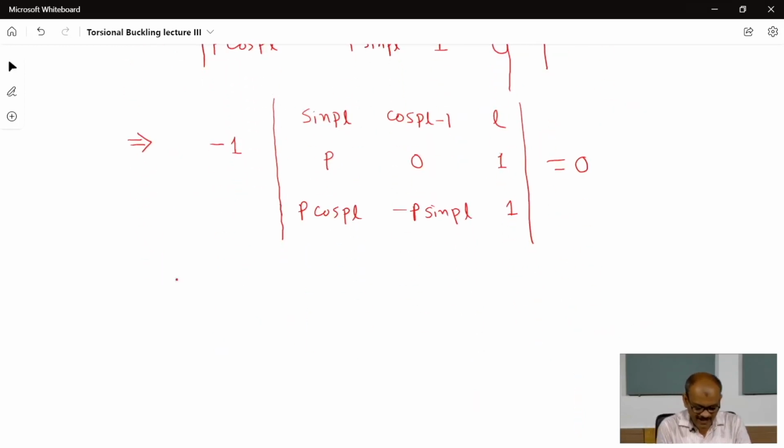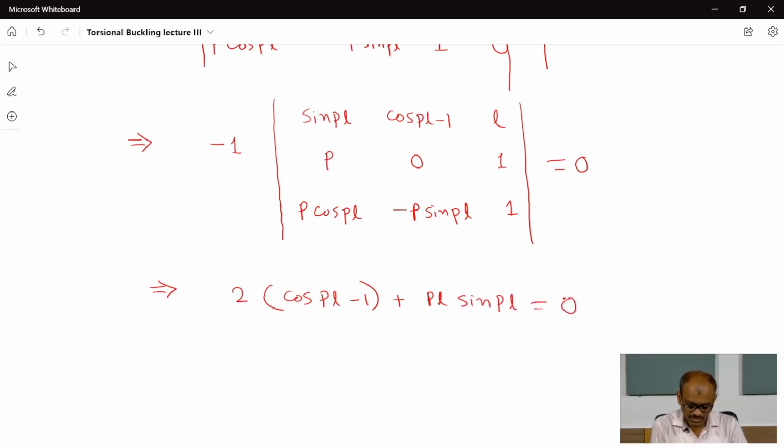If we expand it, it will become 2 cos pL minus 1 plus pL sin pL is equal to 0.